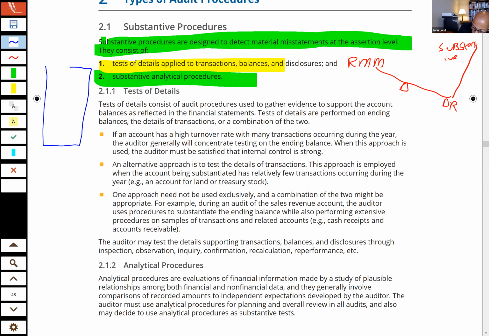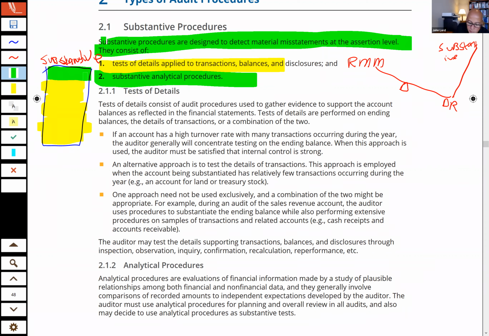So let's say this rectangle represents our substantive procedures. Test of details probably are going to make up the vast majority, and it really depends on the account and the assertion. But the vast majority of our evidence will probably be test of details.